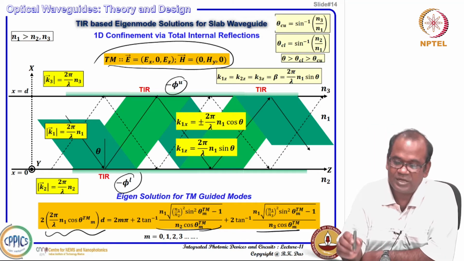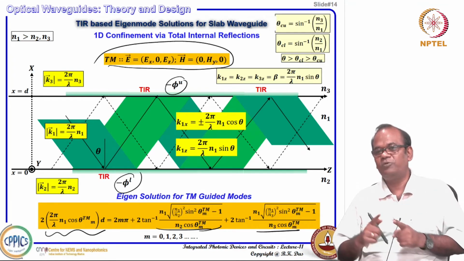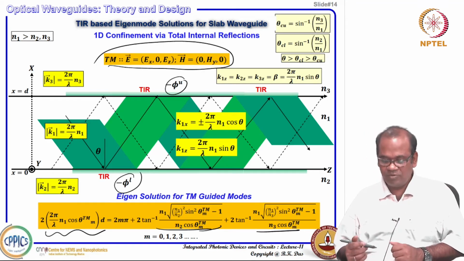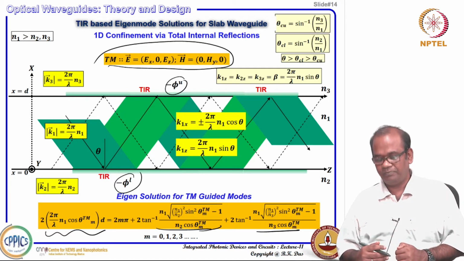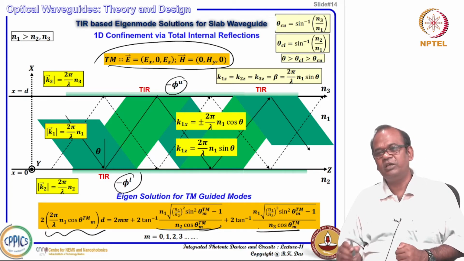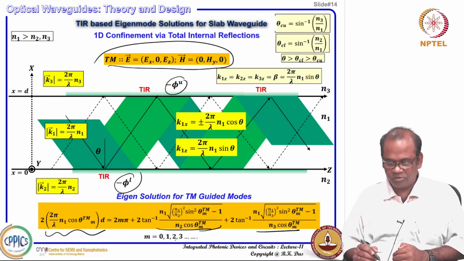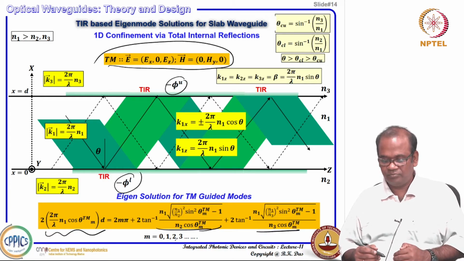So, you will get two sets of solutions, one for TE, another for TM, and their equations are slightly different. So, you will get different theta values, and m again is defined as 0, 1, 2, 3, 4 for TM polarization. You can put another integer n there, just to distinguish TE and TM.